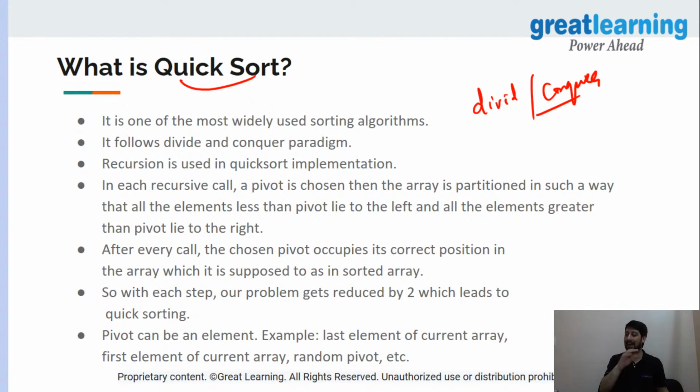I pick one element as my pivot element, and after the entire iteration and the recursive calls are done, that element will have its original position in the entire array. That means when you sort the entire array, that element will have its position fixed after all the recursive calls are done.